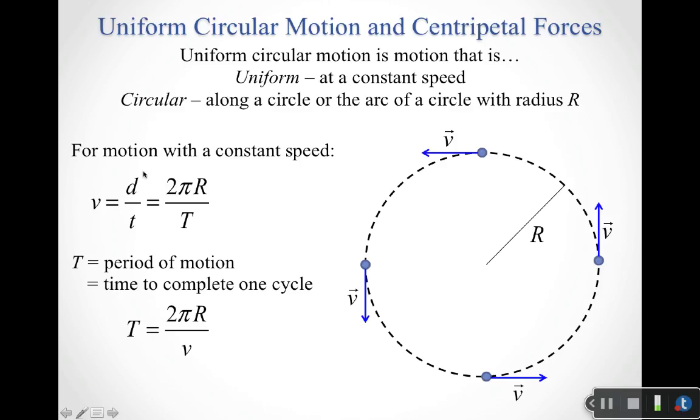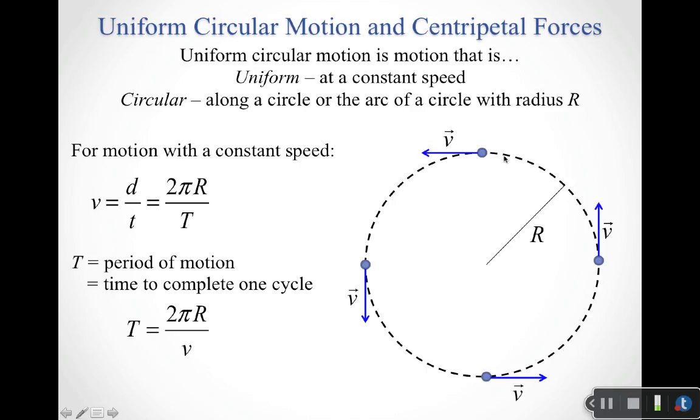And so if we've got motion with constant speed, we know how to deal with that. We can say the speed you're traveling is just the distance divided by the time. The distance, if you're moving around a full circle, is 2 pi r, and the time here is T. Capital T is what we're going to use to talk about the period of motion, and the period is just the time to complete one cycle.